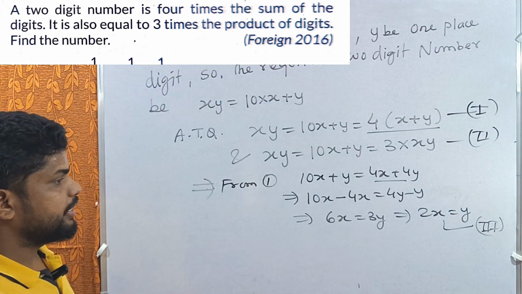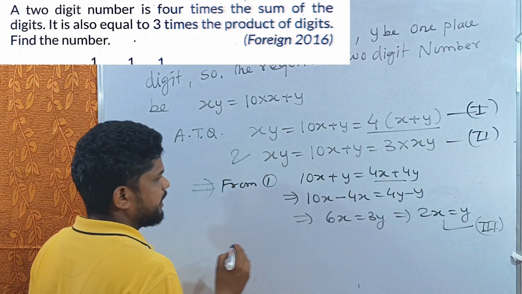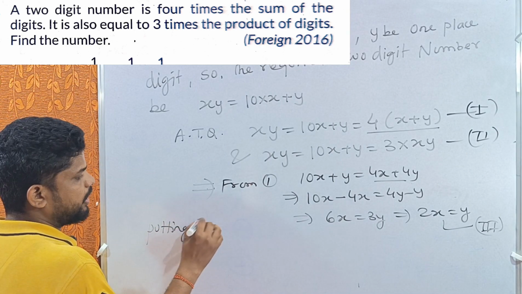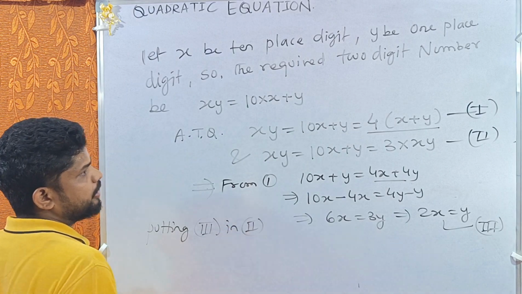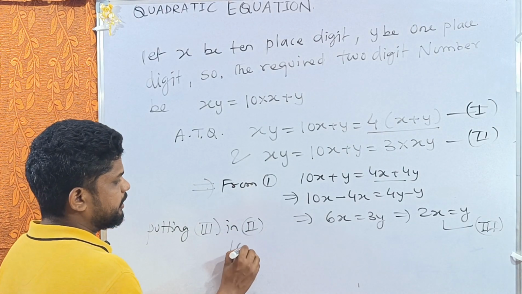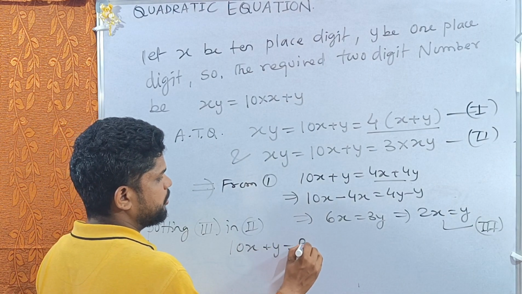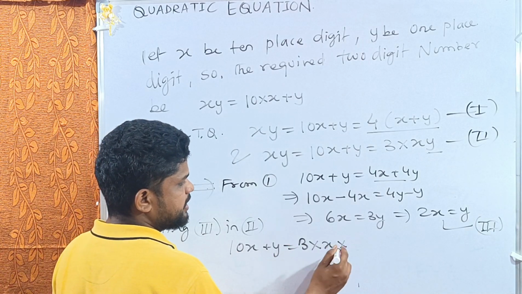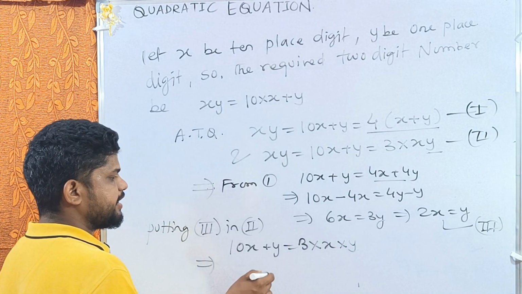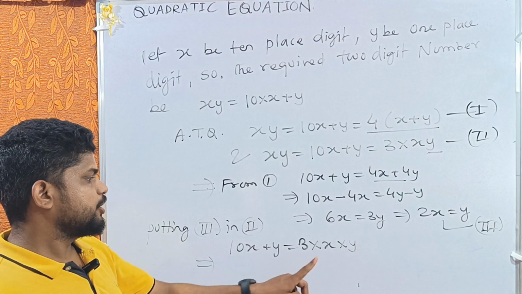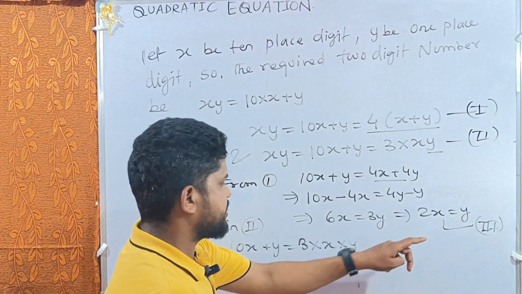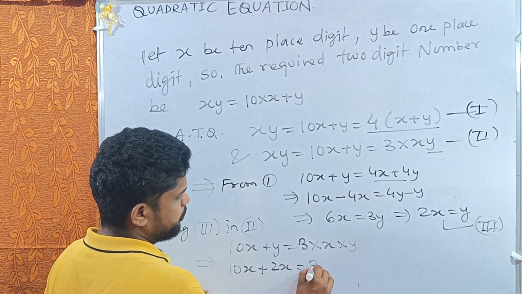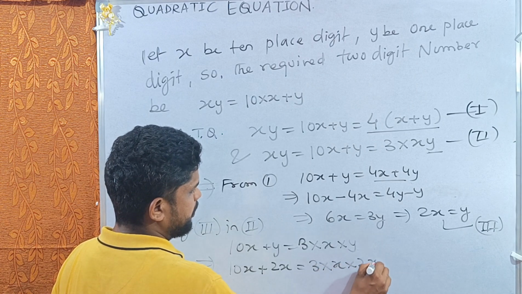Now put equation number 3 in the second. What will we get, dear students? We will get 10x plus y is equal to 3 into x into y. Putting the value of y, which is 2x, I will get 10x plus 2x is equal to 3 into x into 2x.